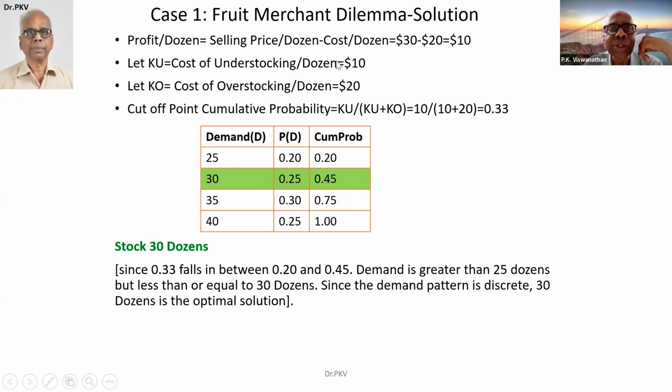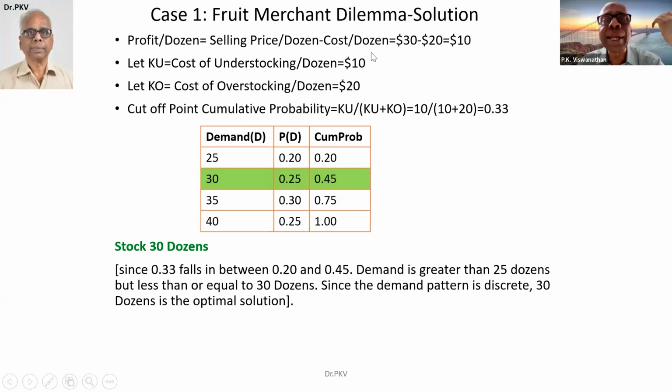So if I understock, cost of understocking, every dozen you understock, you lose $10. Why? Because the profit is $30 minus $20, as I have written in the very first line. $10 you lose. This is the opportunity cost. I have understocked, I can't help it.